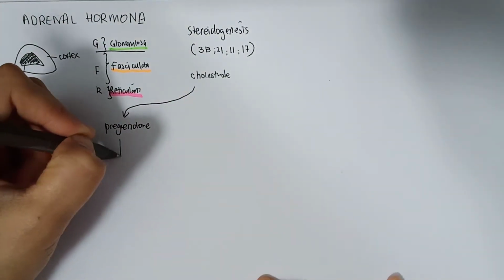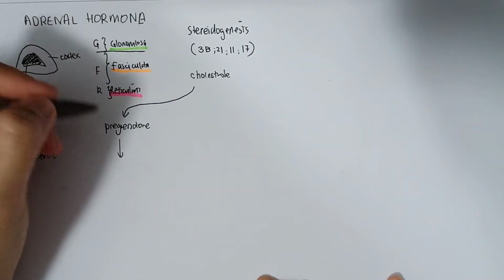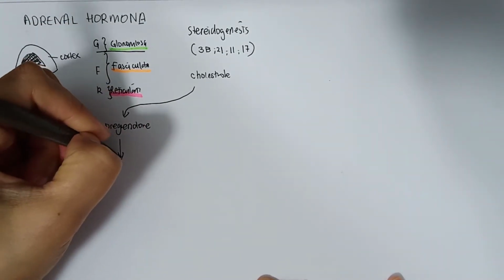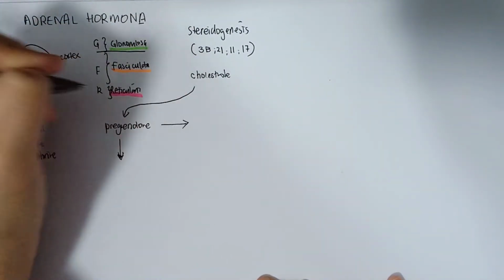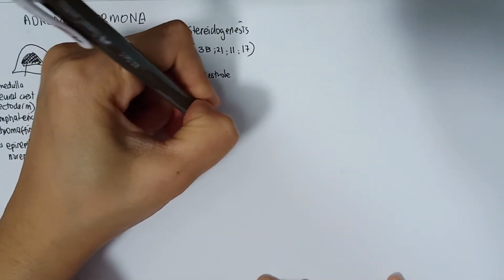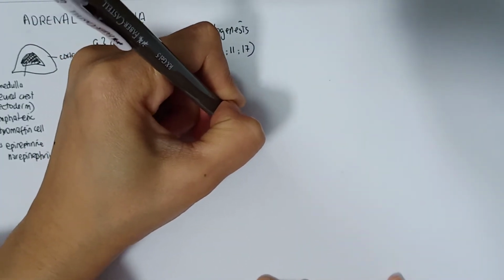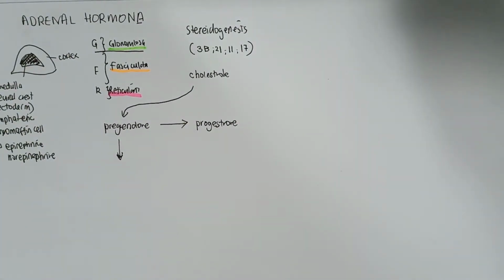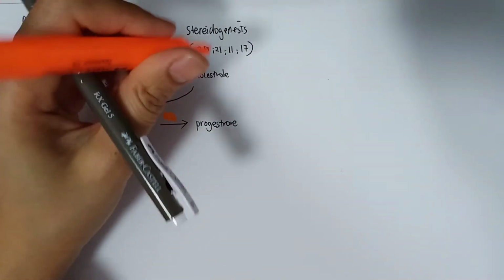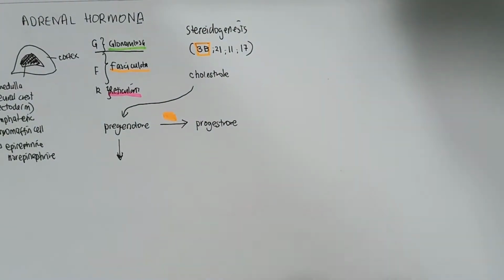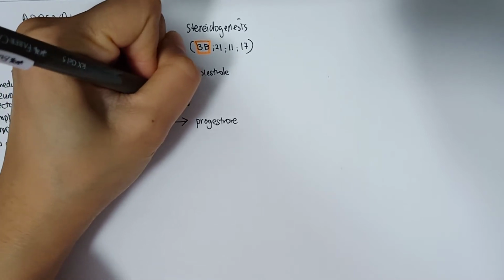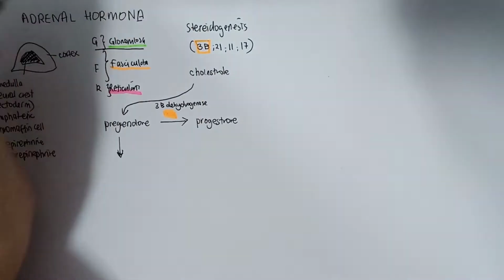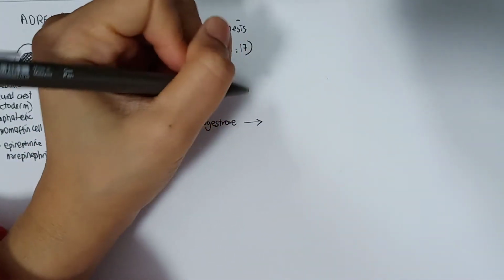And because the glomerulosa layer does not contain the 17 alpha hydroxylase, pregnenolone will convert into progesterone by 3 beta dehydrogenase. So 3 beta dehydrogenase from pregnenolone to progesterone, and further conversions.